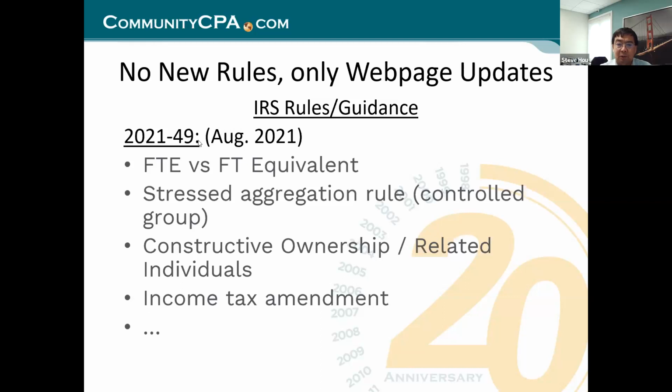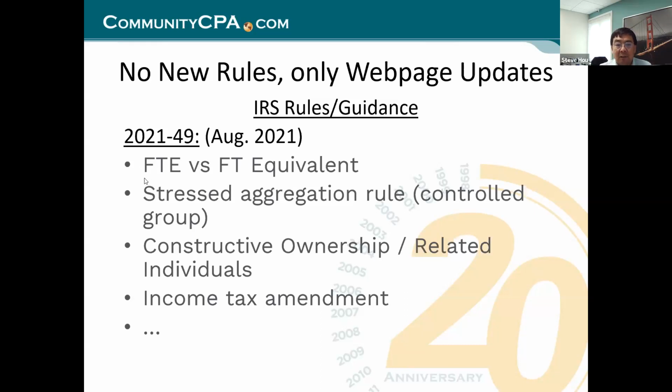So then people started noticing and paying attention to the ERC program. So there were more questions from people, and the IRS published this new notice to clarify some of the questions.